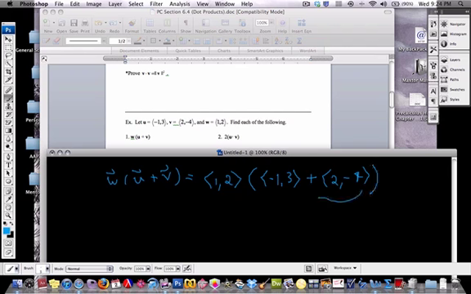Let's go ahead and do this vector addition first. We've got it inside the parentheses, might as well do it first here. This would be -1 plus 2, which is 1, and then 3 plus -4, which is -1.